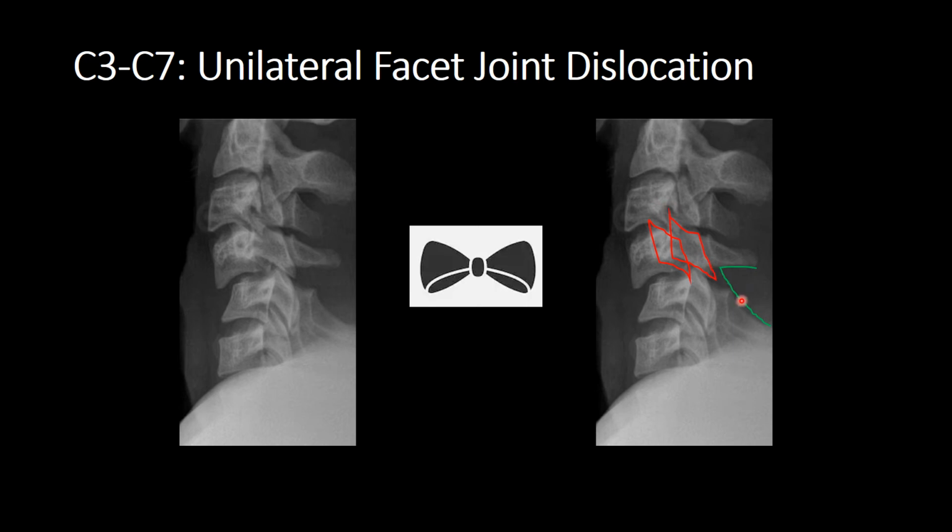We've got widening of the interspinous distance. On a unilateral facet joint dislocation, the vertebra only moves anterior to the vertebra below by no more than 25% of the vertebral body. So it only slips forward by no more than 25% of the vertebral body.